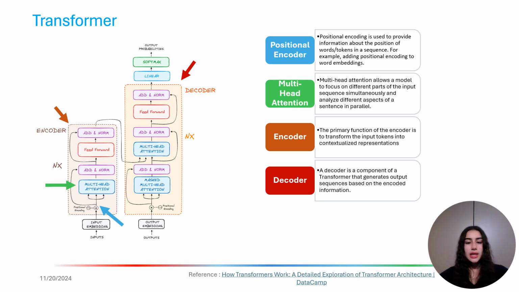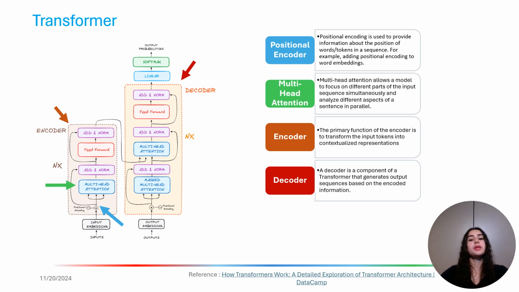What I want to begin with here is the positional encoder, and as you can see through the blue arrow, this is where it occurs, and it simply provides information about the position of the word or token or subword in a sequence. For example, adding positional encoding to word embeddings. If I say the sky is blue today, the position of the word sky would be second.